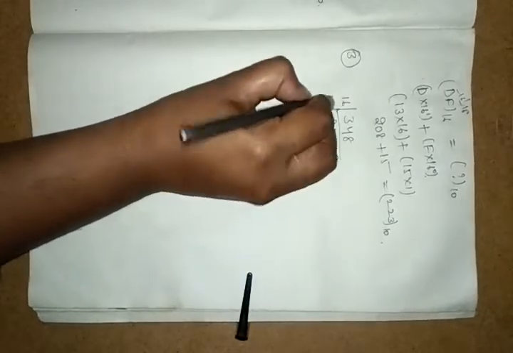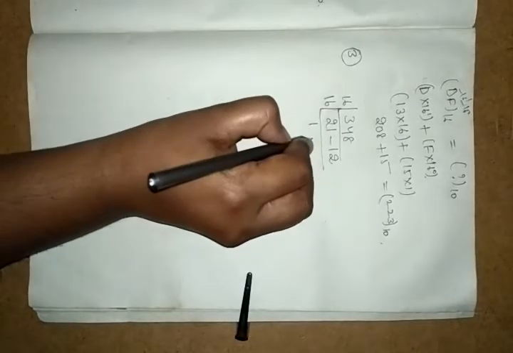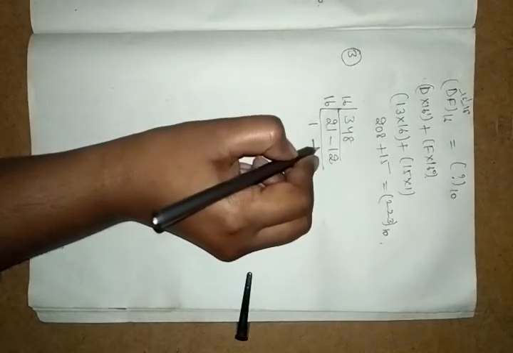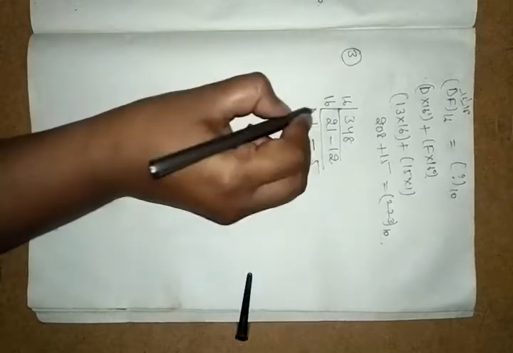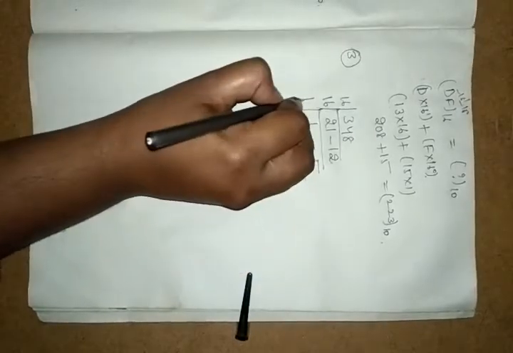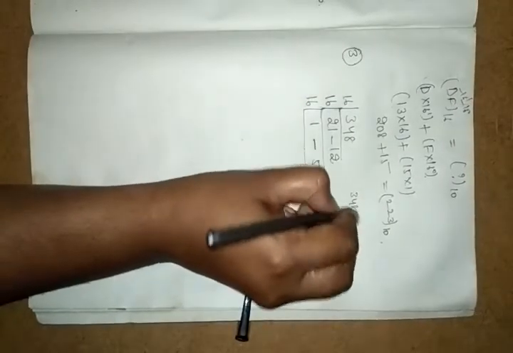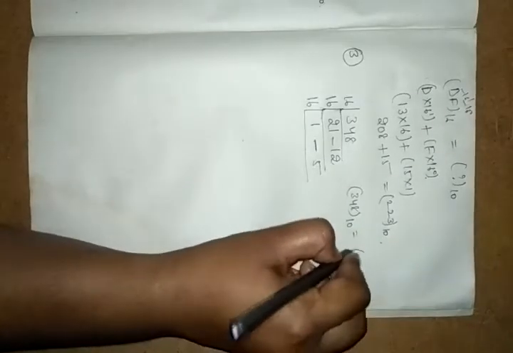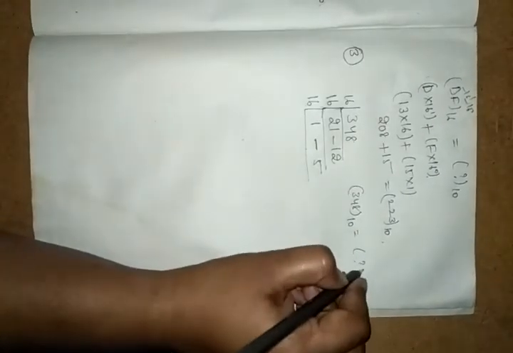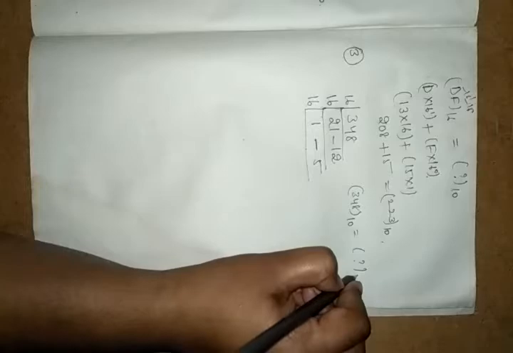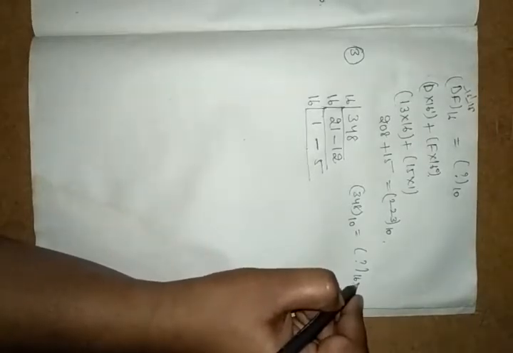And next, again 16, 16 ones are 16, we are left with 5. So how much is 348 in base 16?